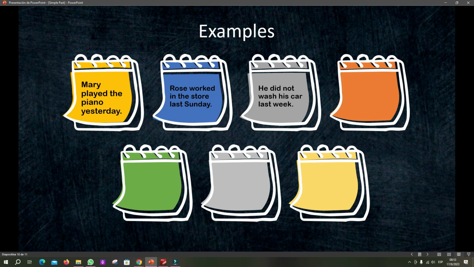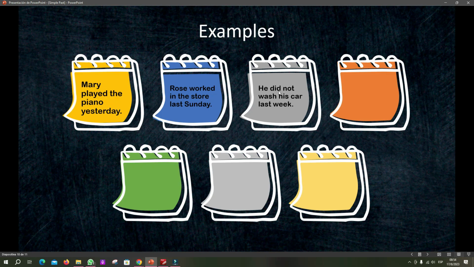What about this one? This is a negative one. He did not wash his car last week. So, subject, the auxiliary did in past, right? The word not. Also the verb but in the base form. You don't need to add ed here. Then the complement. Si se fijan, acá ya tenemos una oración negativa.